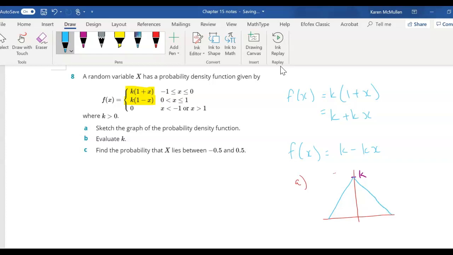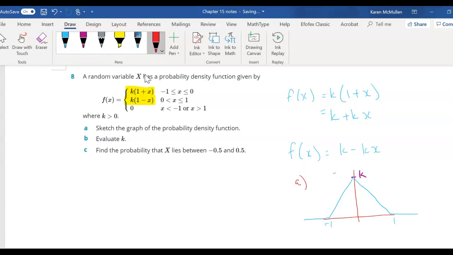And the x-intercept, you can just let y equal 0. So when we do that, we get -1 here and 1 here. And you can see from your graph for the first equation, we're going from -1 to 0. So that's why I stop at k. And then the second one, we're going from x equals 0 to 1. So we're stopping there. And then everywhere else it's 0. So we just need to draw that line on the x-axis. All right, so there's your graph.